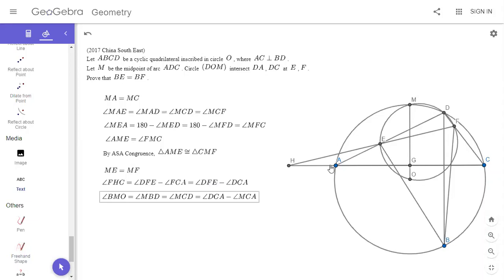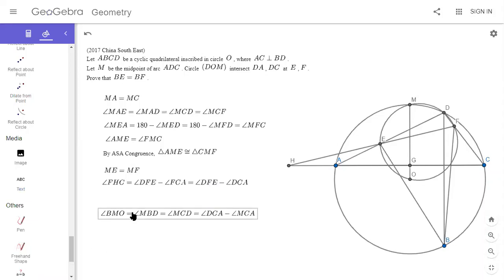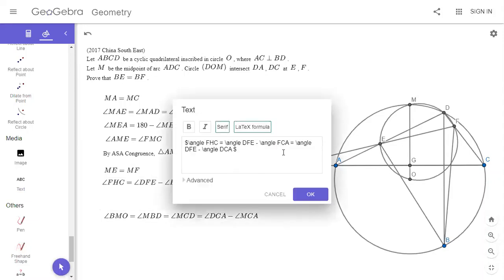I think we're very close here. DME is equal to CMA from the congruence that we said earlier.